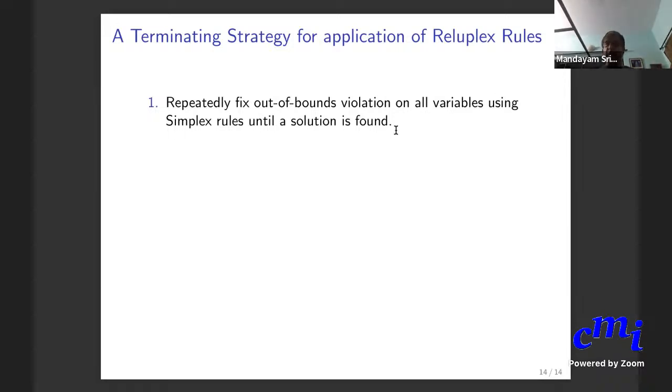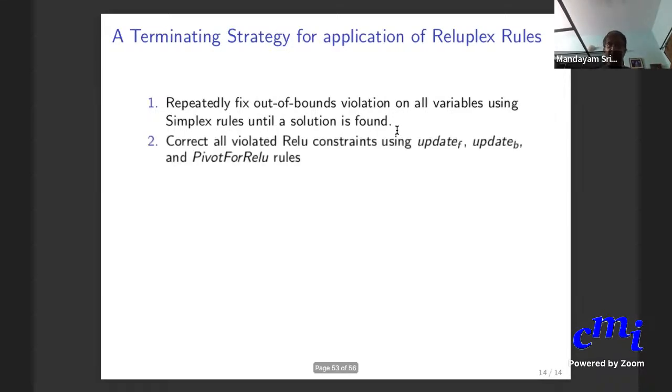If no solution is found, you can declare unsat. If a solution is found, then you have to check if the ReLU constraint of any of the ReLU nodes is broken. If none of it is broken, then you have found a satisfying solution.